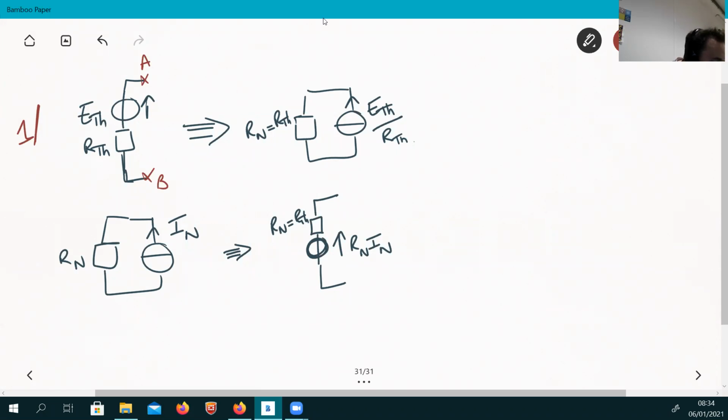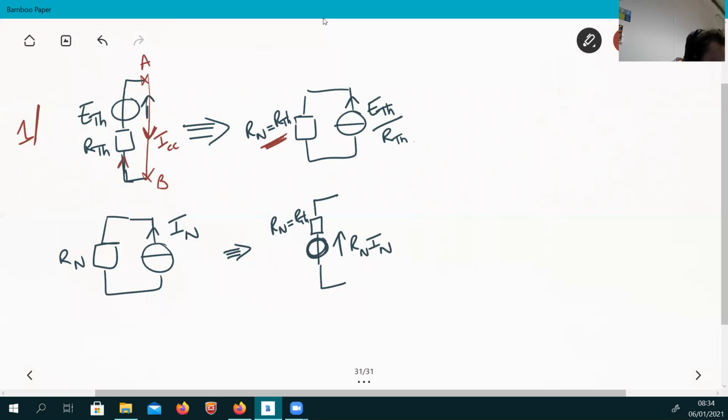First thing, no load, I'm turning off ETH, which is now a single wire, and looking for the equivalent resistor between A and B, which is RTH. So again, I found RTH equals Rn.